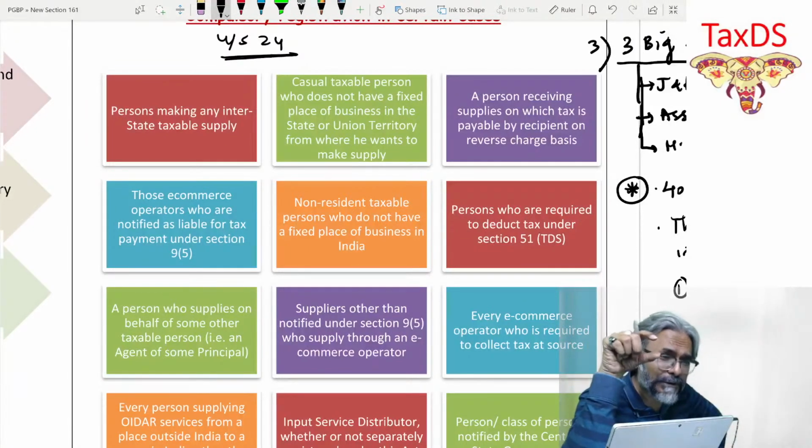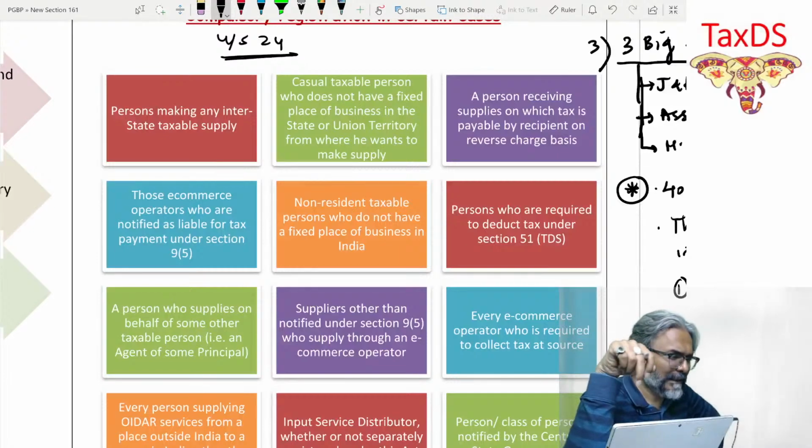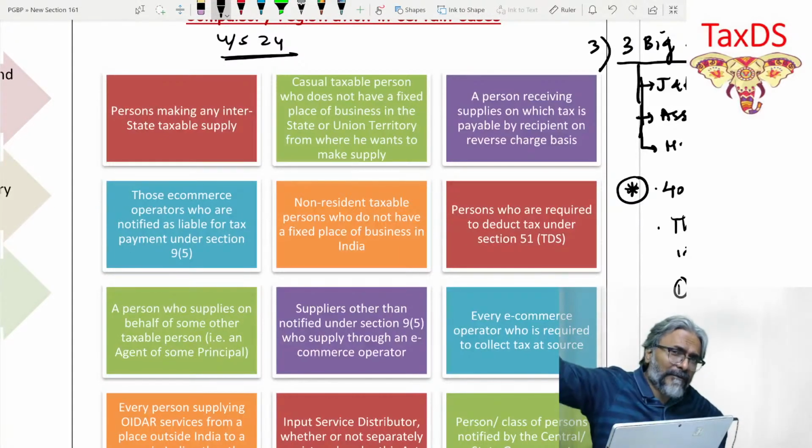Now that procedure is important, students, for the casual taxable person. For the normal person, not important, but for the casual taxable person, the procedures are important. We'll see that. So am I liable to get myself registered?